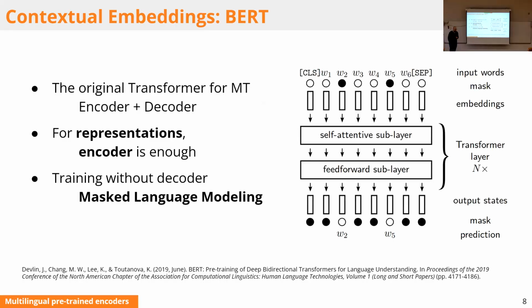When I say multilingual encoder, I typically mean a model that resembles the original BERT. So unlike machine translation models that have an encoder and a decoder, it is an encoder-only model, and its purpose is not to generate anything. Its purpose is to learn a representation of the input tokens.